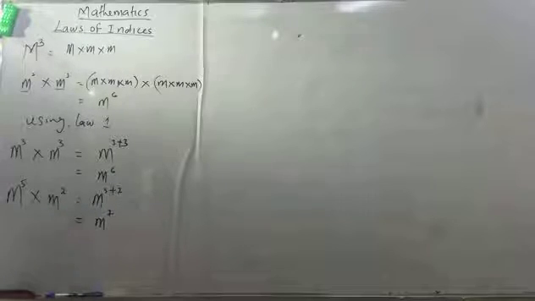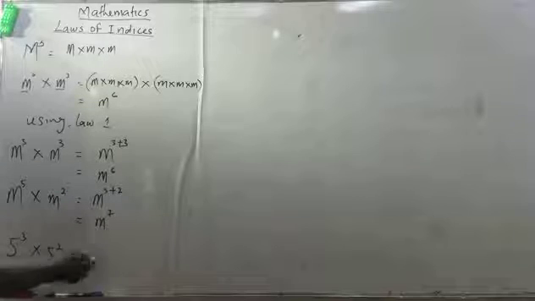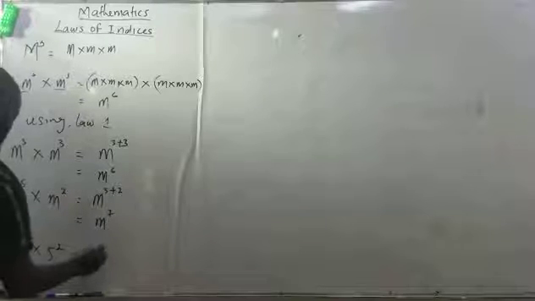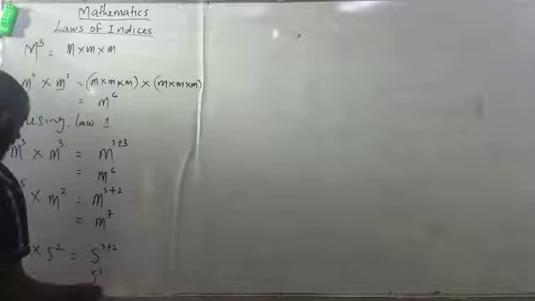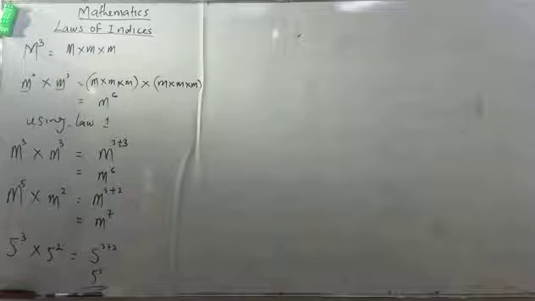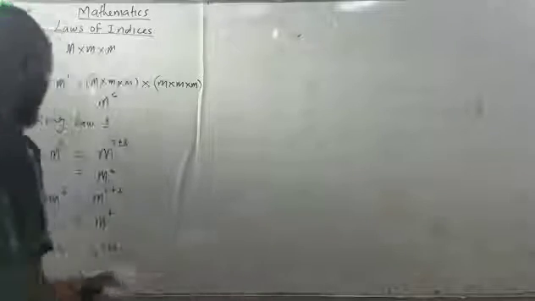Now, that goes for any form of this. Note that I can write 5 raised to power 3 multiplied by 5 raised to power 2. By implication, 3 plus 2, which is going to be 5 raised to power 5. Now, can you see that 5 raised to power 5 means 5 in 5 places. That is just the implication.